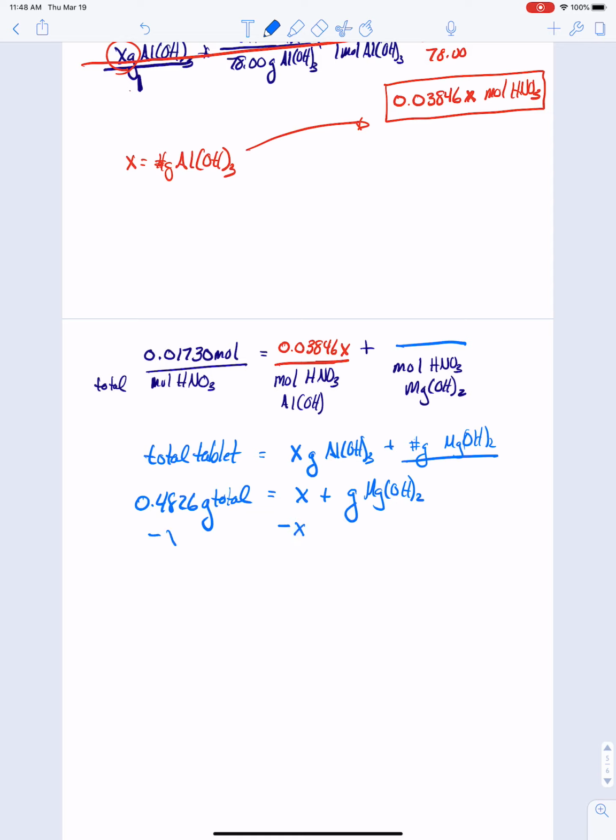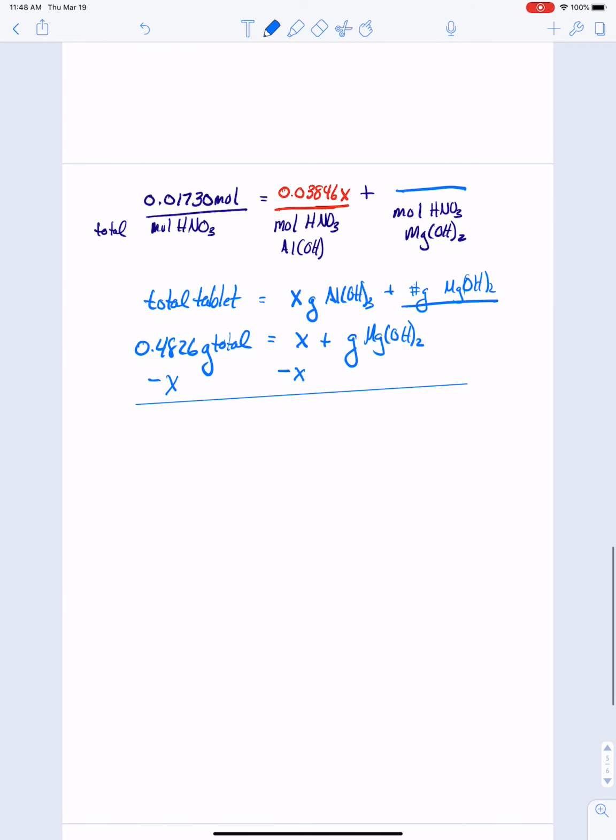If I wanted to have an expression for the number of grams of magnesium hydroxide, that would be the same as, well, okay, the total tablet is this.